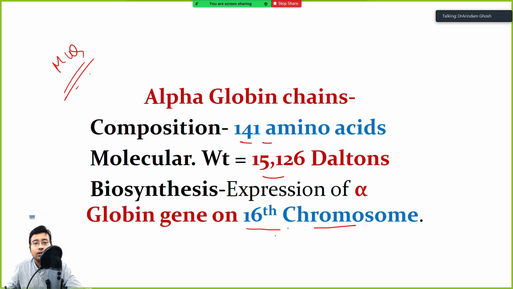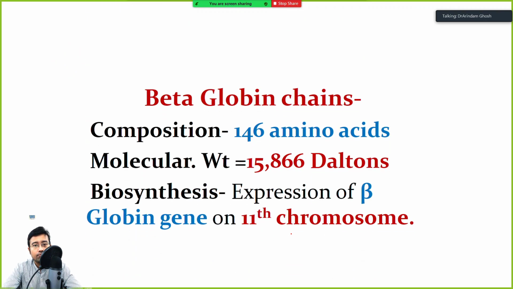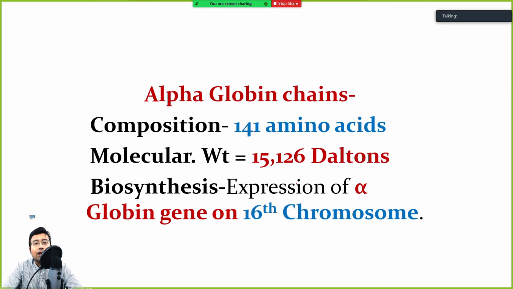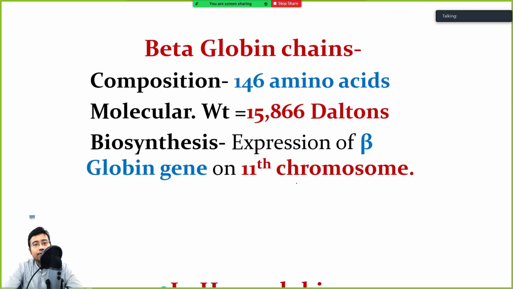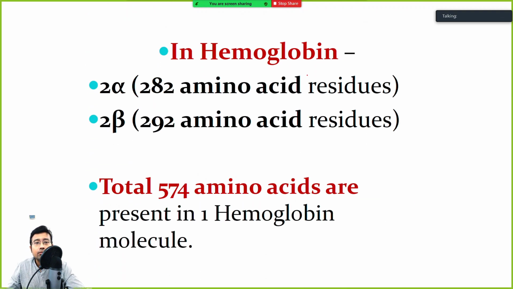This is very important. Alpha globin is present on the 16th chromosome and beta globin is present on the 11th chromosome. These other details, 146 amino acids and 15,866 Dalton, you can simply ignore. So remember, alpha 16th, beta 11th. Very important MCQ.